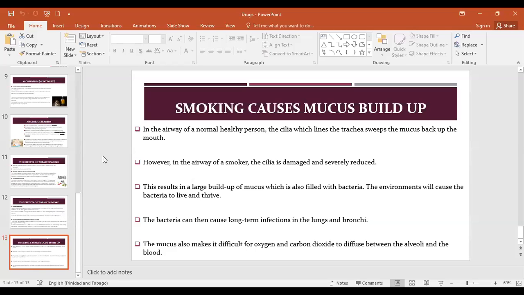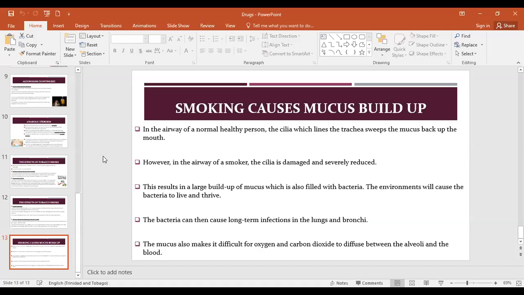But in a smoker, that cilia is damaged. So the mucus will not have anything to cause it to come back up. Instead, it would remain, and large amounts of mucus would build up and become filled with bacteria, a whole bacteria-infested environment, and that will cause infections in your lungs and your bronchi.